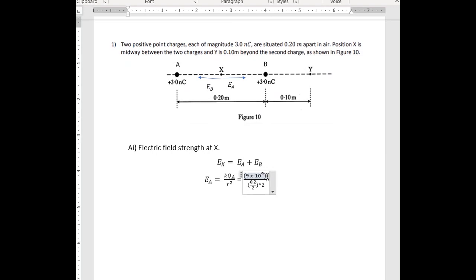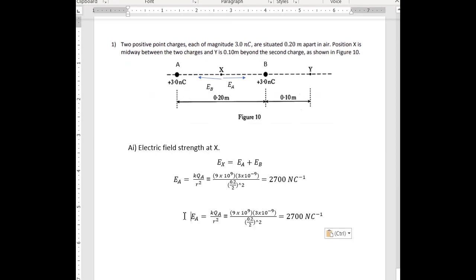And the charge of A is 10 to the power of minus 9. Then we can get the answer 2700, with the unit Newton per Coulomb.